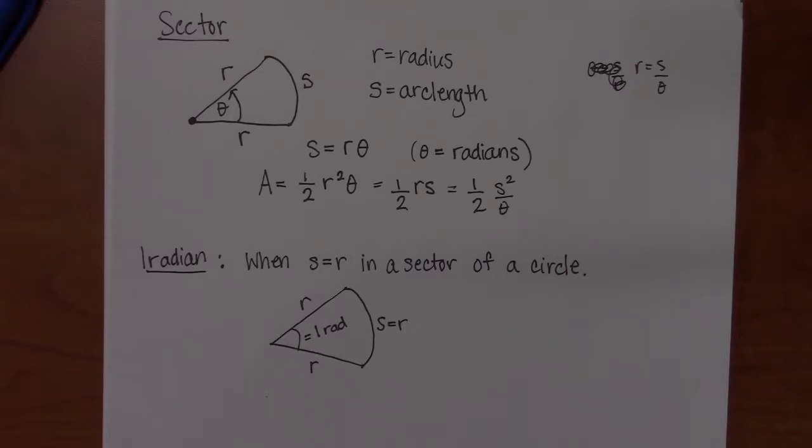You stick one end of the string in the center, stretch it out to the edge of the circle, there's your radius, and then you bend it around the edge of the circle and mark it, and that was it. That was 1 radian. You never needed a calculator or any fancy tools, just something as simple as a piece of string. You could find the exact 1 radian measure of any circle that you wanted.